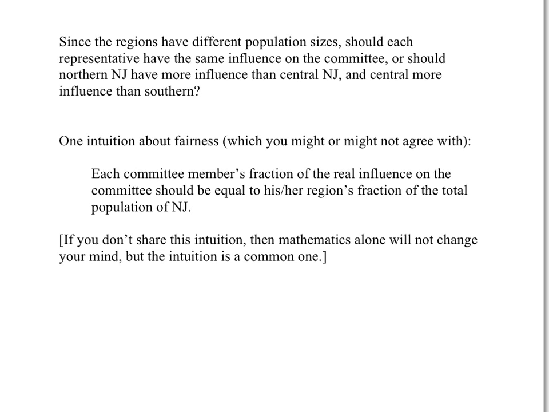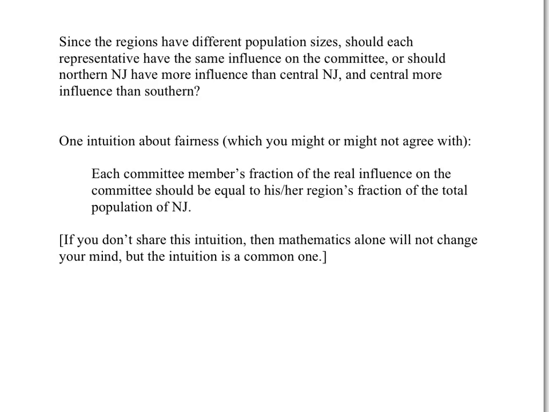But more precisely, each committee member's fraction of the real influence, whatever that exactly means, and we're going to come back and make this precise, but there's an intuition that says that each member's fraction of that real influence should be equal to his or her region's fraction of population.